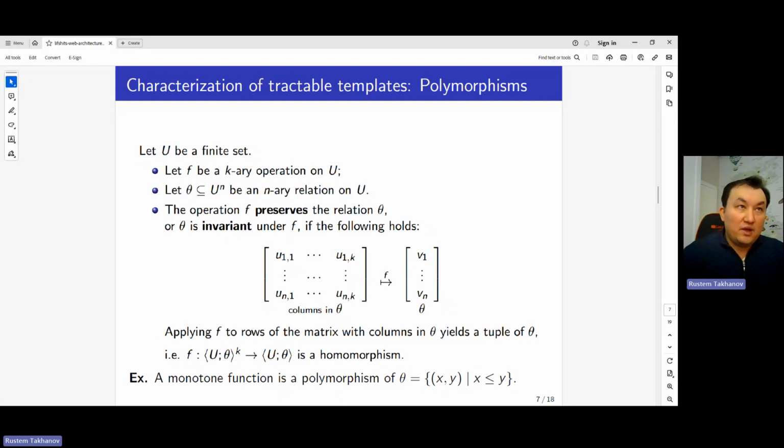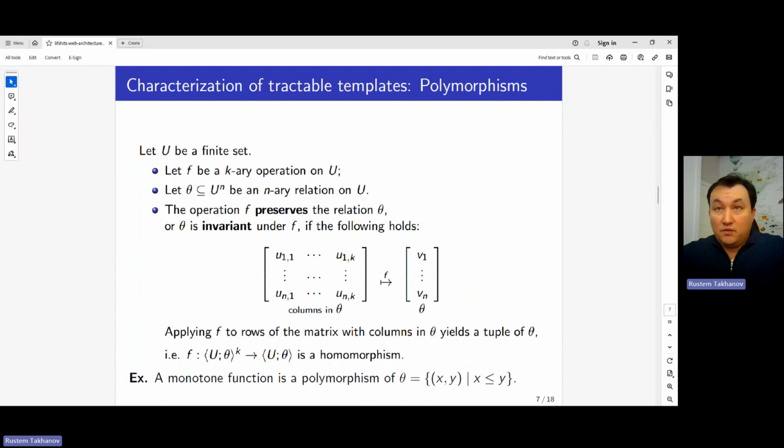And since the number of elements in each row is k, we can apply our function f to the rows of that matrix. And whenever we apply the function f to the rows of such a matrix, the result will always be some n vector from theta. If for any such matrix this is true, then f is said to preserve theta, or f is a polymorphism of theta.